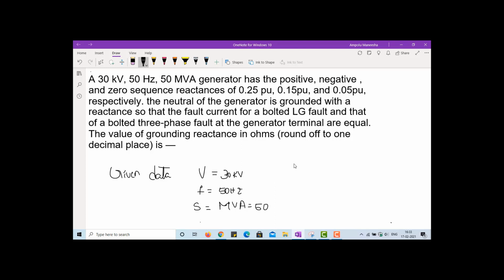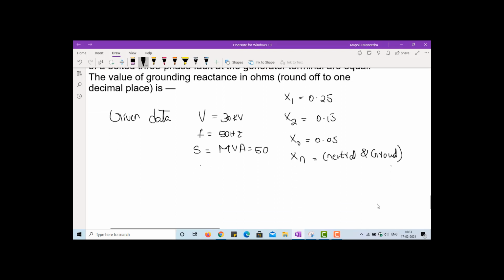And also it is given that the positive sequence reactance in per unit is 0.25, negative sequence reactance is 0.15 and the zero sequence reactance is 0.05. And also it is given that a reactance is connected between neutral and ground, such that the single phase fault current is equal to the three phase fault current.